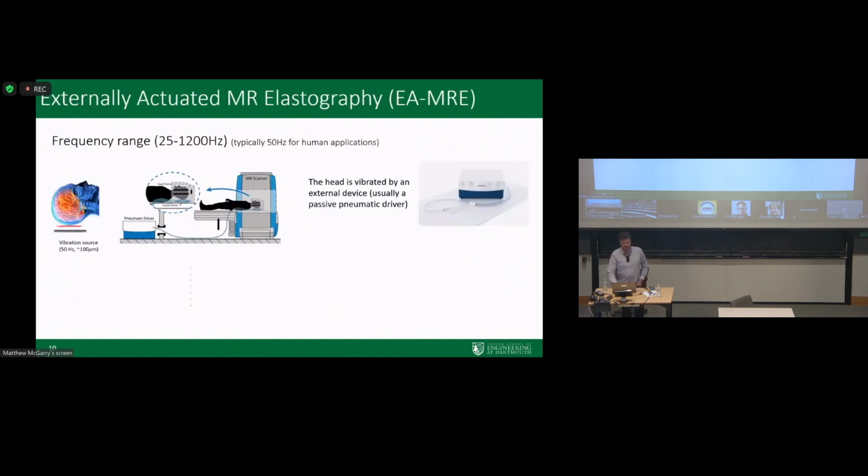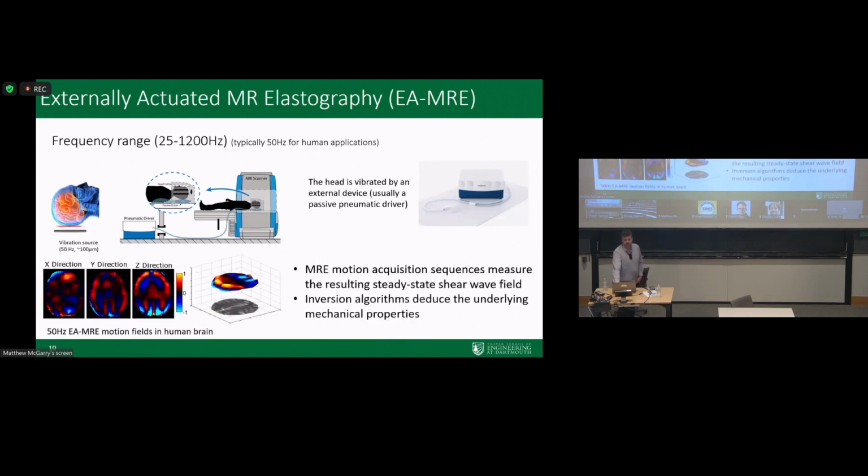If you want to take these types of wave measurements in actual brains, we use a technique called MR elastography. In this case, we apply a vibration source to the back of the brain. It's pretty light, and feels kind of like you're leaning on a speaker. The frequency range can be anywhere between 25 and 1200 hertz, but 50 hertz is really the sweet spot, where we get measurable wave amplitudes and not too much attenuation, so they actually reach the center of the brain.